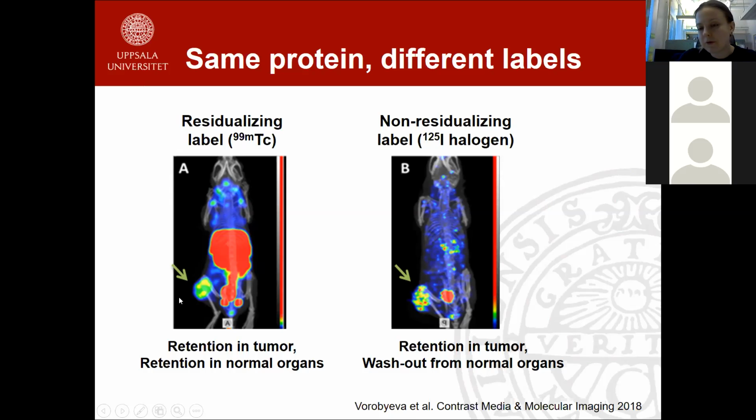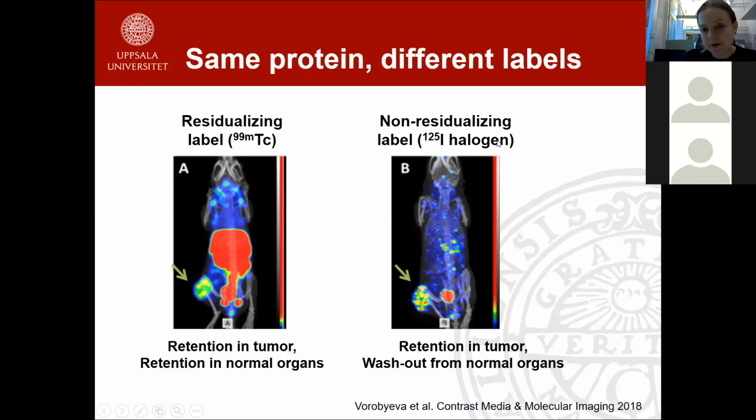It's also taken up in the tumor, as we can see here. But in the case of the residualizing label, because it's taken up by all cells in the body and degraded, and the label cannot diffuse outside of the cell, it just stays there. We see a lot of activity in normal organs.